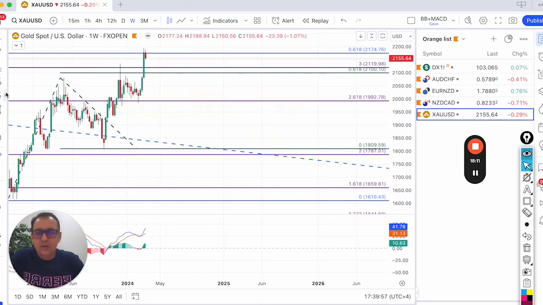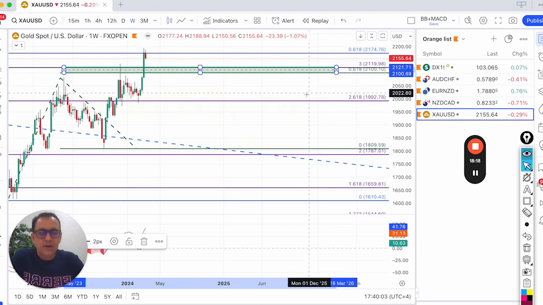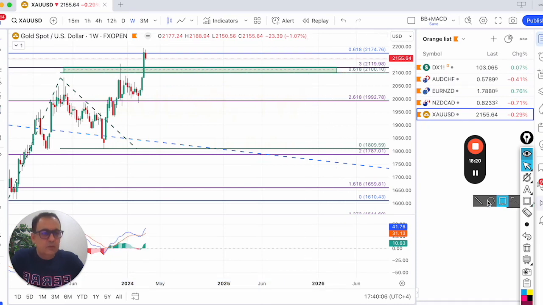Now we have duplication of Fib extension lines between 2100 to 2120. So dollar is range bound, and it is expected to be range bound until the Fed announcement.